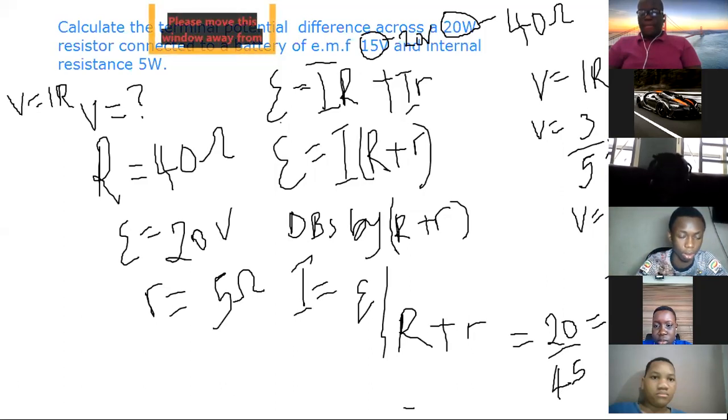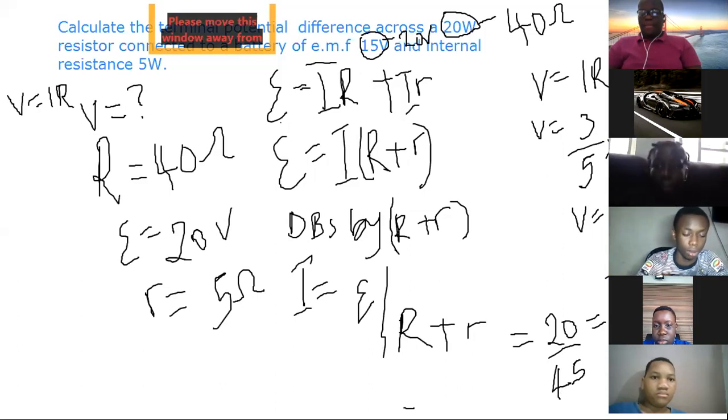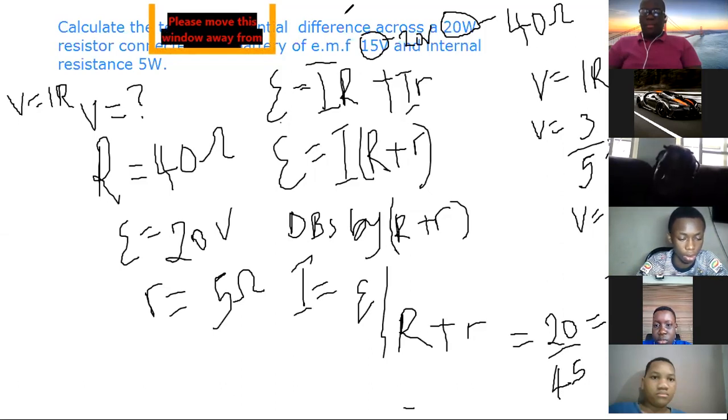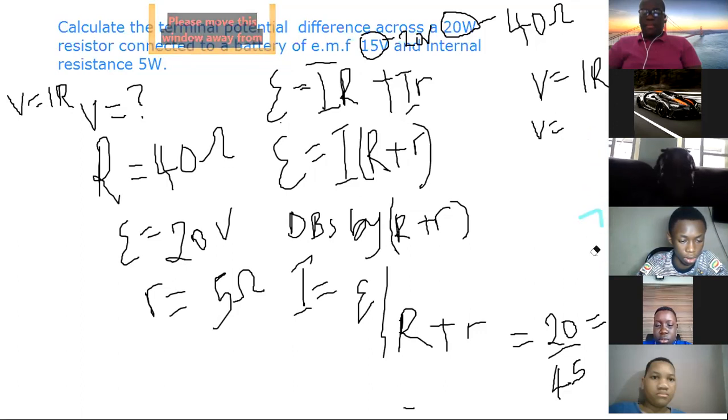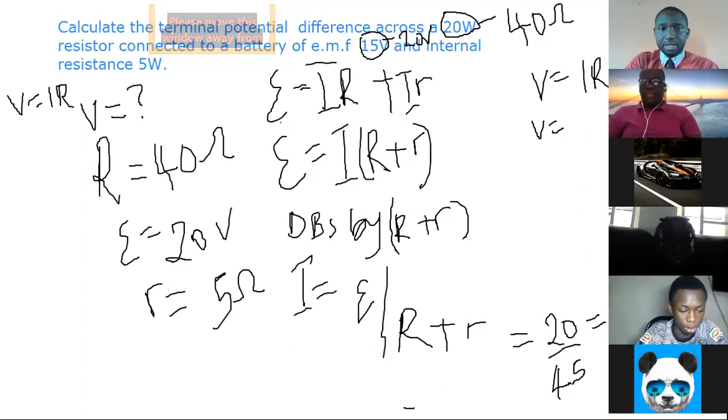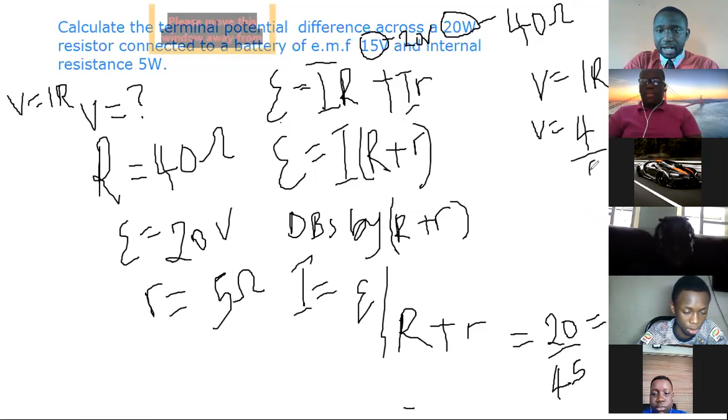All right. Now, we said calculate the terminal potential difference, which is V, terminal potential difference. So that becomes I, which is 4/9 times the big R. The big R is 40.